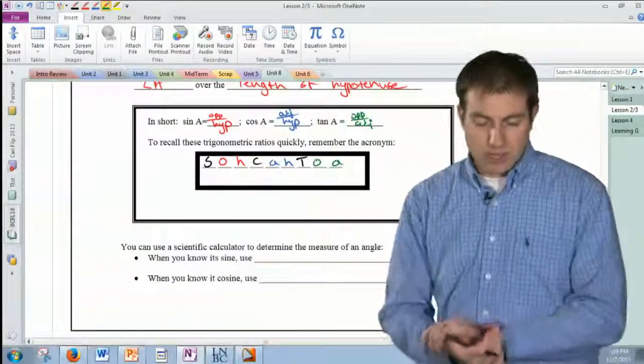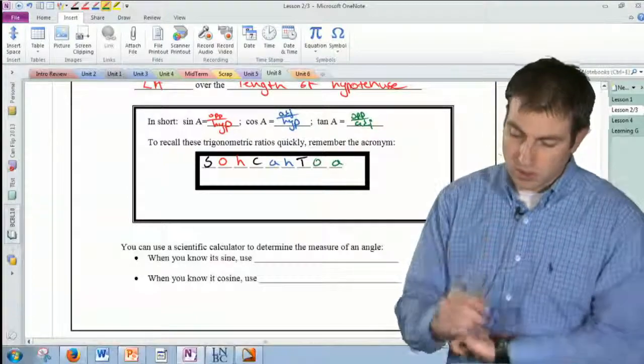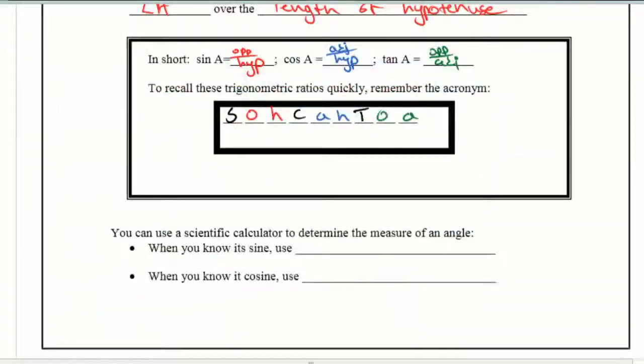So you can use a scientific calculator to determine the measure of any angle. When you know its sine, use the inverse sine. The inverse sine is when we're trying to find the angle. So we call this the inverse sine.